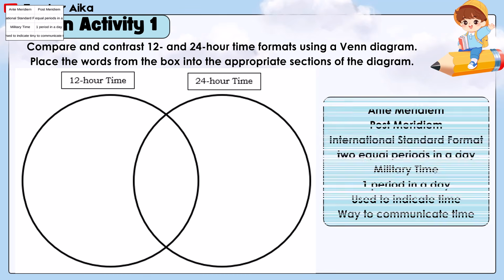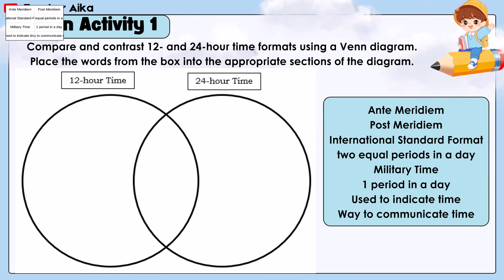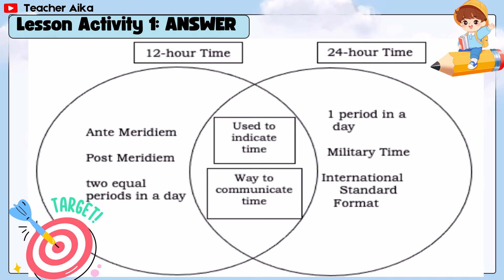Here are the choices: anti-meridian, post-meridian, international standard formats, 2 equal periods in a day, military time, 1 period in a day, used to indicate time, way to communicate time. And here are the answers for the Venn diagram.